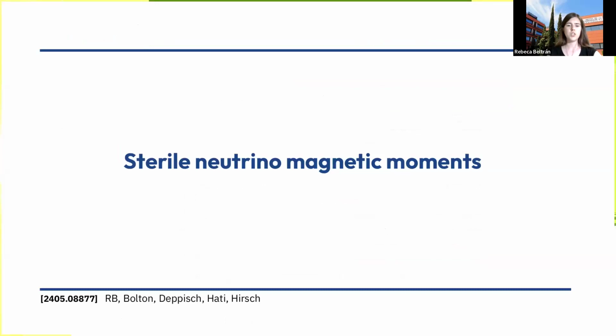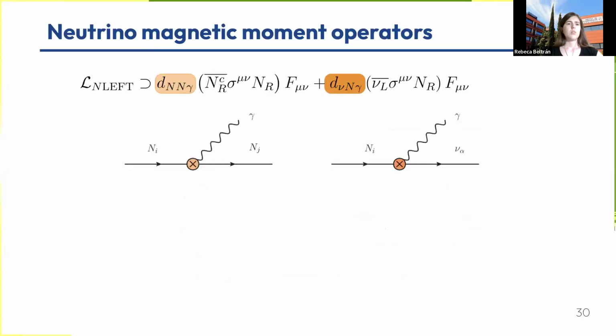Now we change the topic a little bit. Now we move on to sterile neutrino magnetic moments, which has also received some attention recently. So the effective operators in the EFT that account for these interactions at low energies between the sterile neutrinos and photons are given by these two terms.